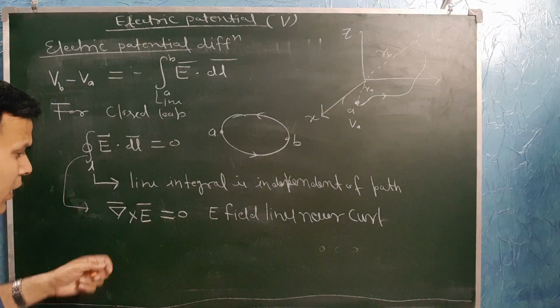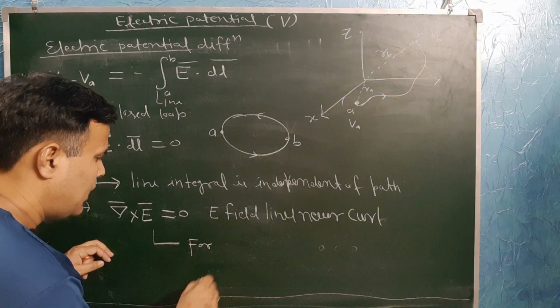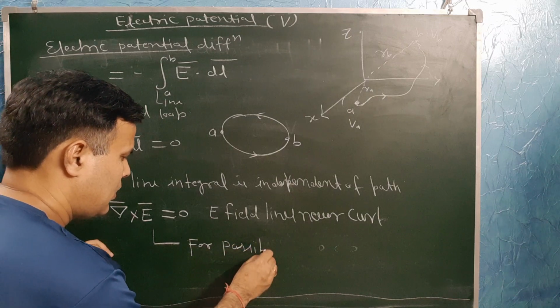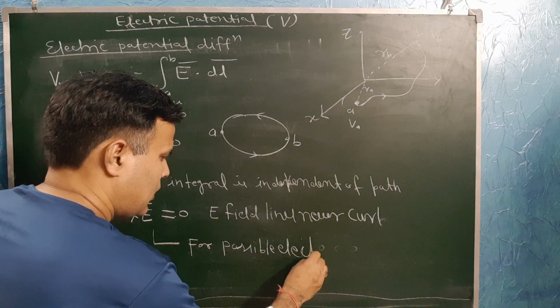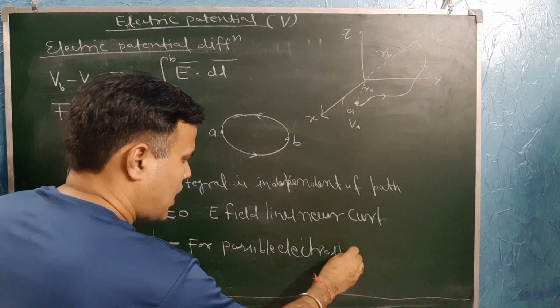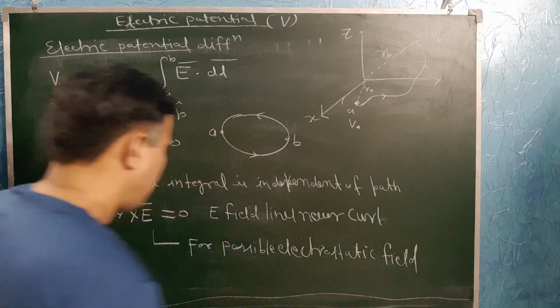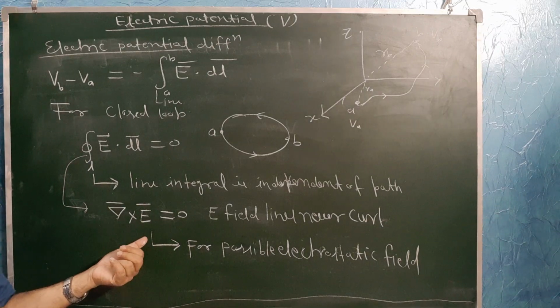And in another way we can say that for a possible electrostatic field, curl of E is 0.